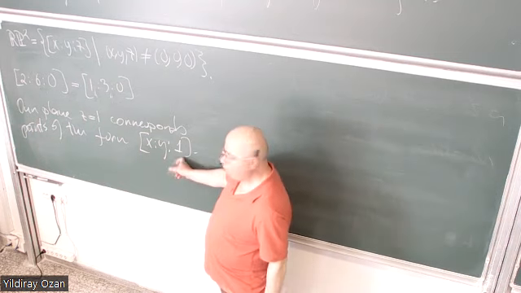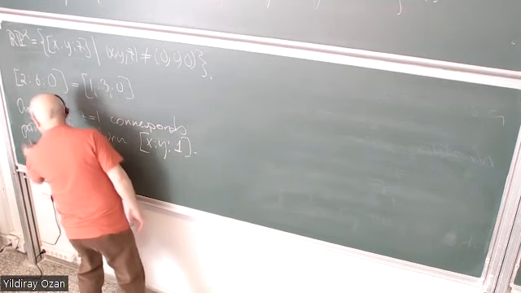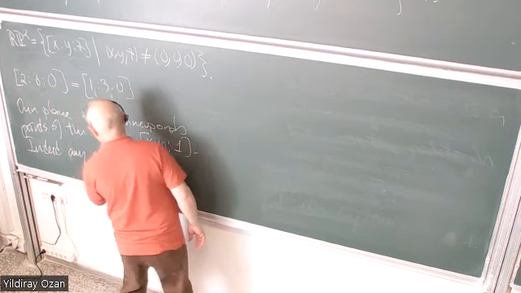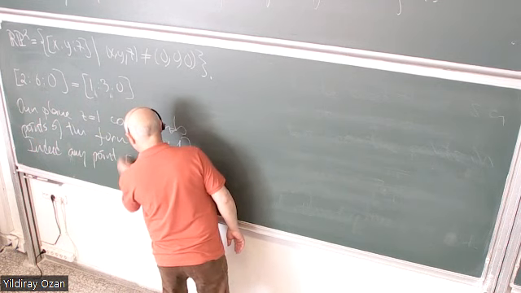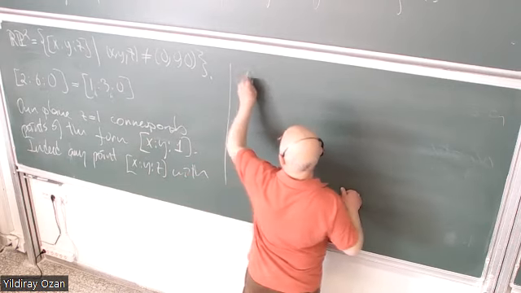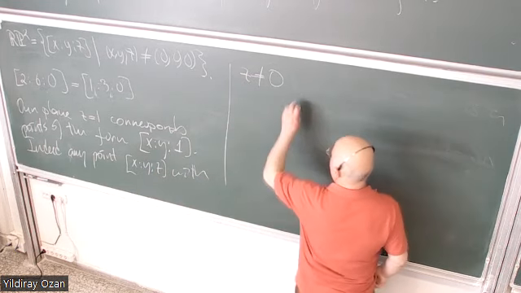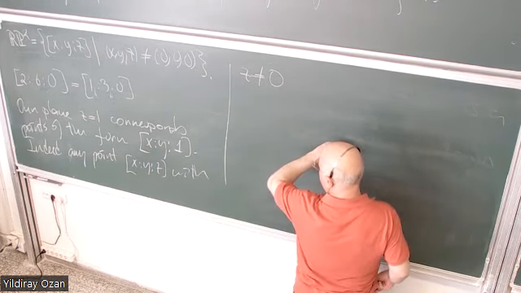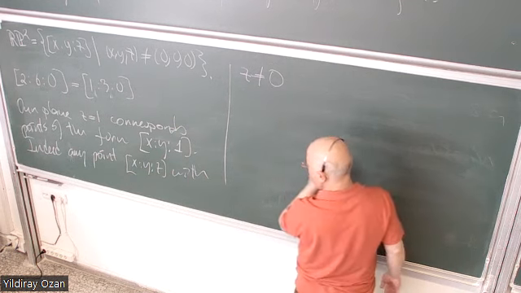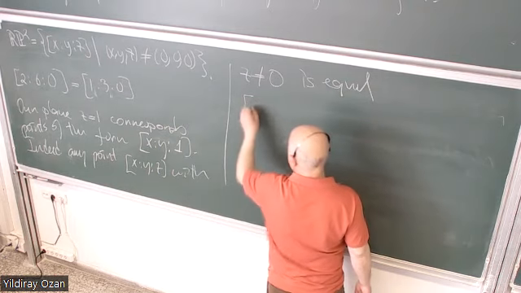Aslında tabii bunu herhangi bir şeyle çarpabilirim. Indeed, any point X, Y, Z with Z is not 0 is equal to, bu noktayı şöyle görebilirim ben.